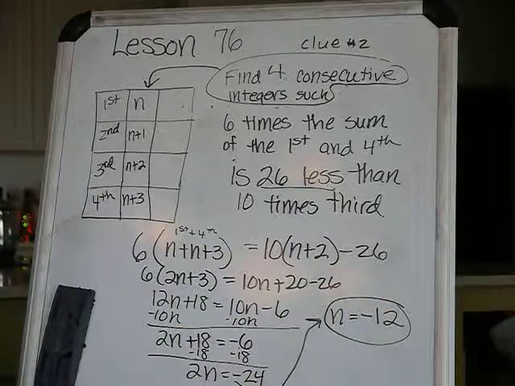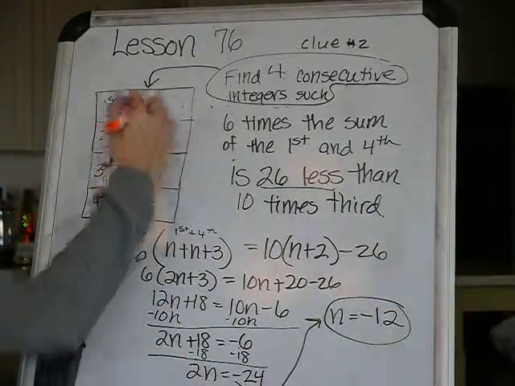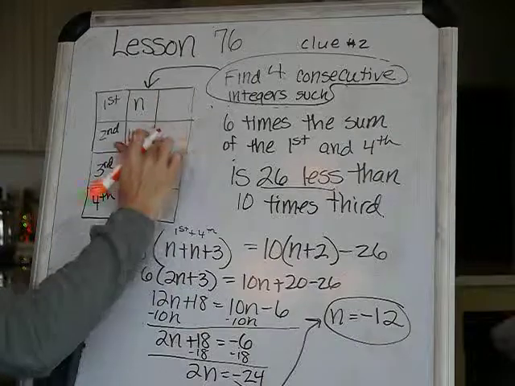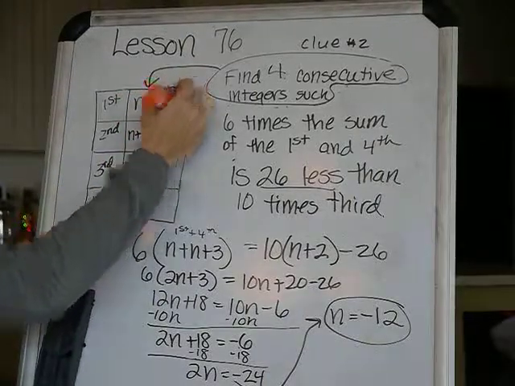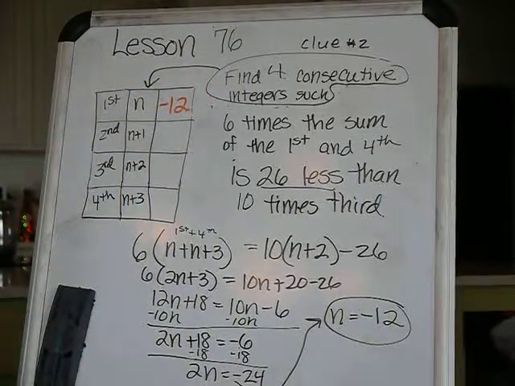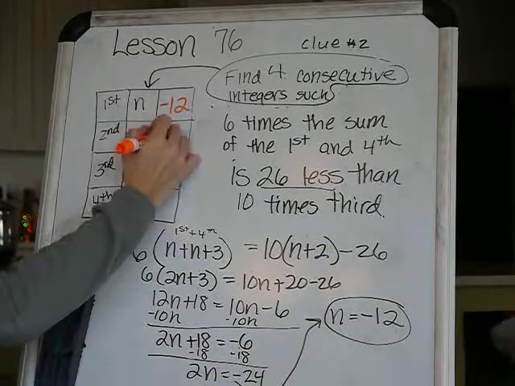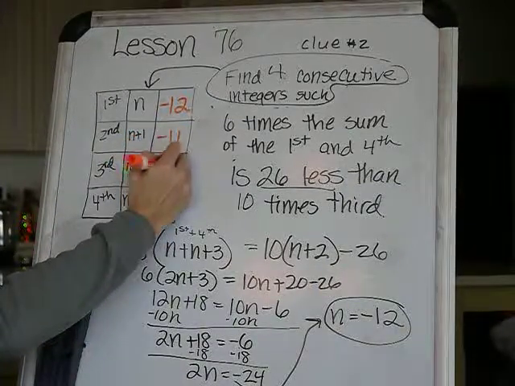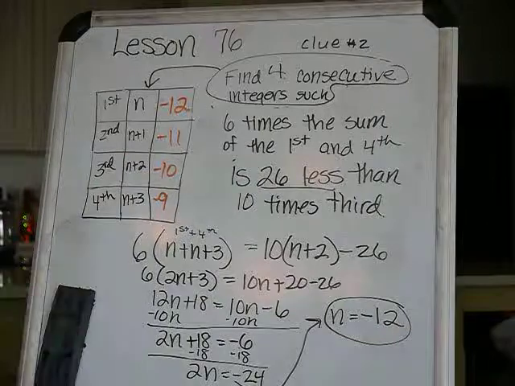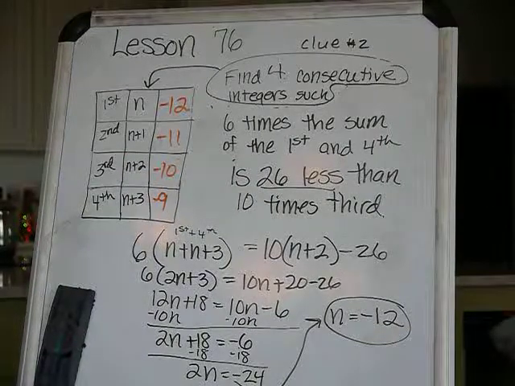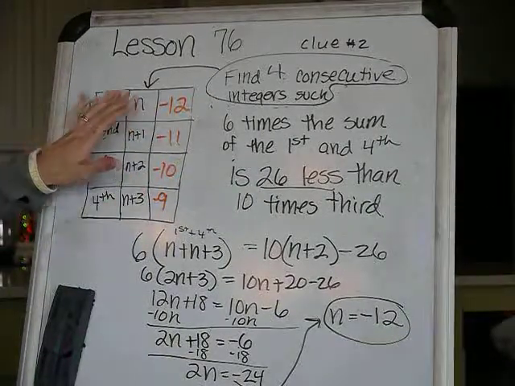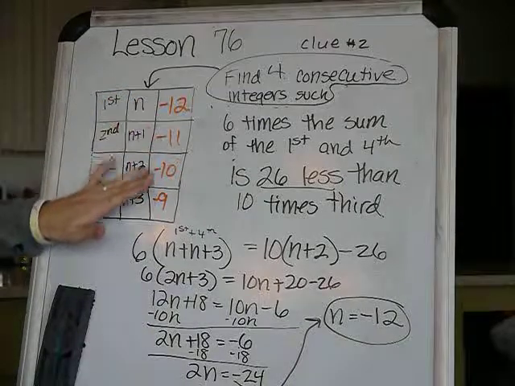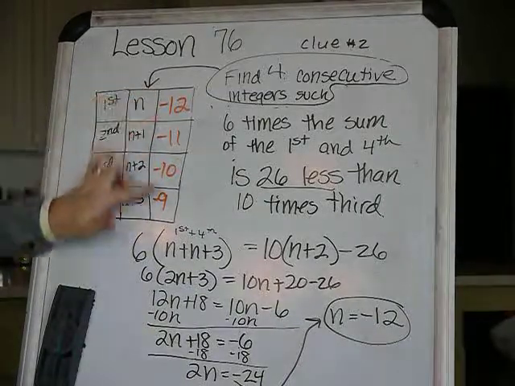Yes, so then negative 12. Plus 1, negative 11. When we're in negative world, consecutive, they're going right on the number line, right?